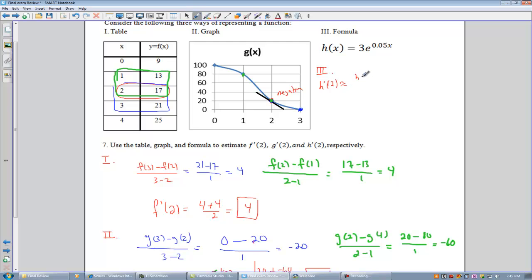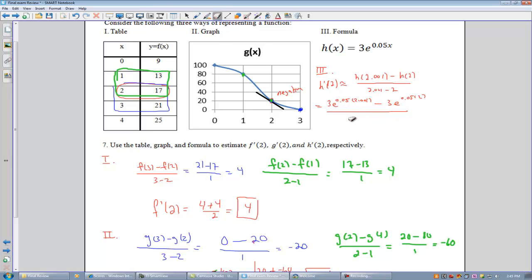So I could do something like h of 2.001, let's say, minus h of 2, all divided by 2.001 minus 2. And I can plug this into the formula, so I get 3 e to the 0.05 times 2.001 minus 3 e to the 0.05 times 2, all divided by 2.001 minus 2, which we can just write down, I guess.